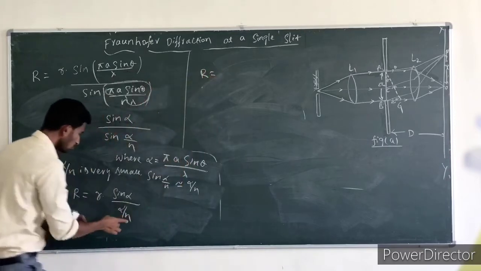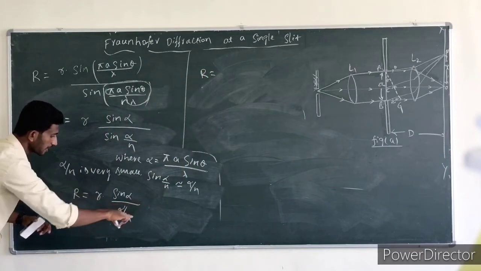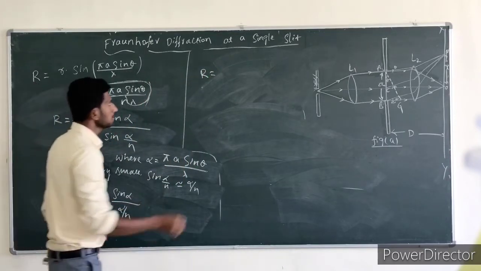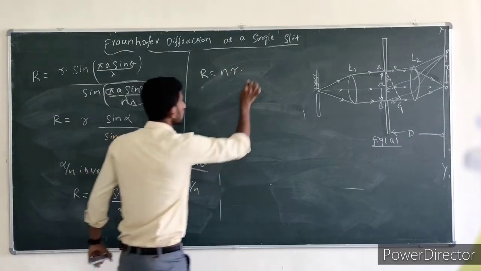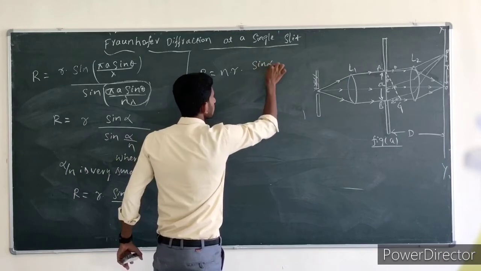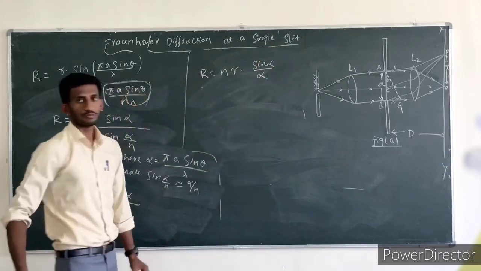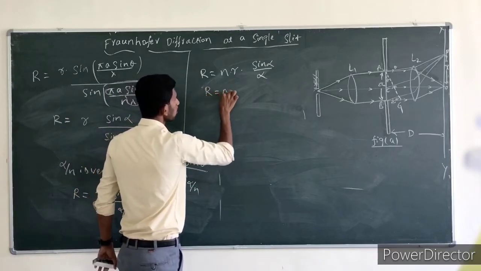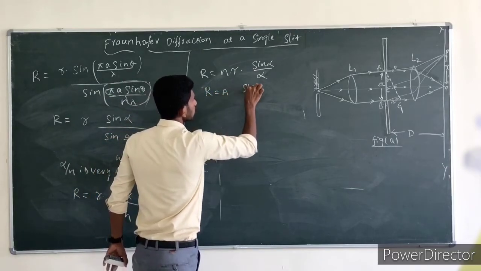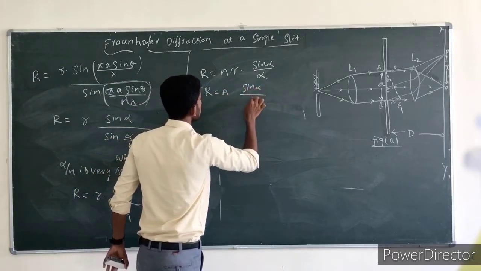When I take this to the numerator, this becomes n r divided by alpha. So this can be written as R is equal to a into sin alpha by alpha.